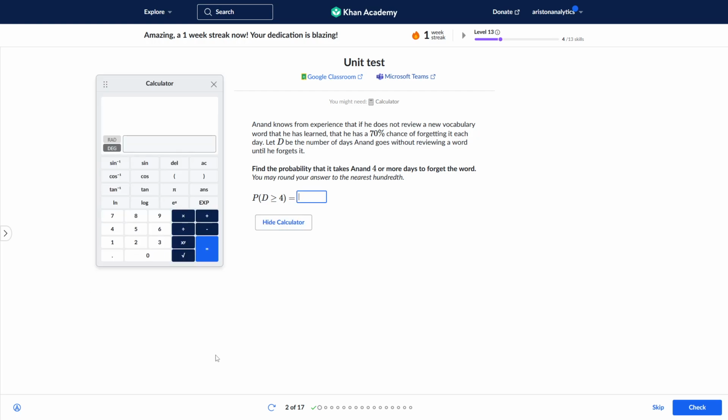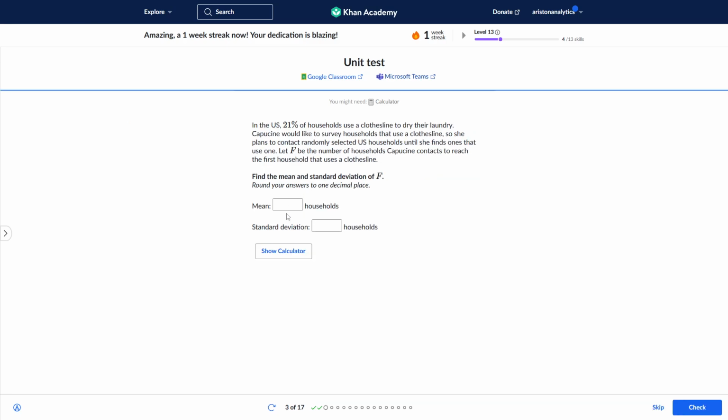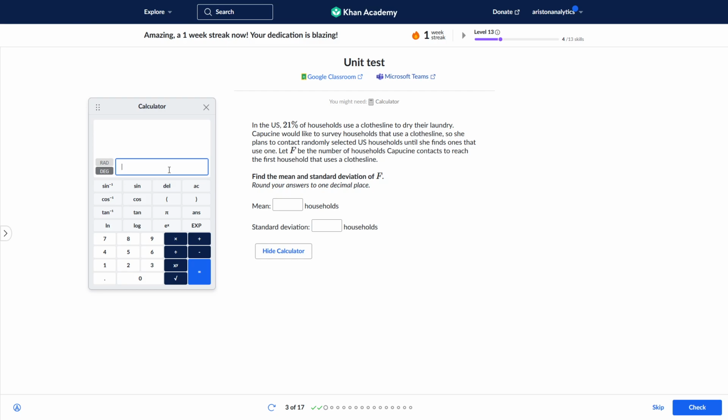Four or more days to forget the word. So he remembers for 3 days. Find the mean and standard deviation.